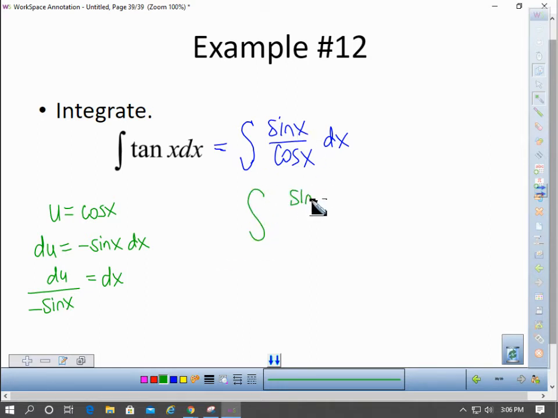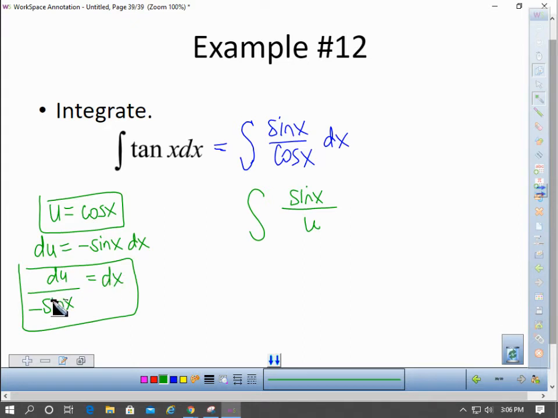So I'm going to have sine over, I'm going to replace cosine with the u, and I'm going to replace the dx with du over negative sine. So you'll notice the signs cancel. So I've got a coefficient of -1, and then I've got 1 over u for my function, and my bookend is du.